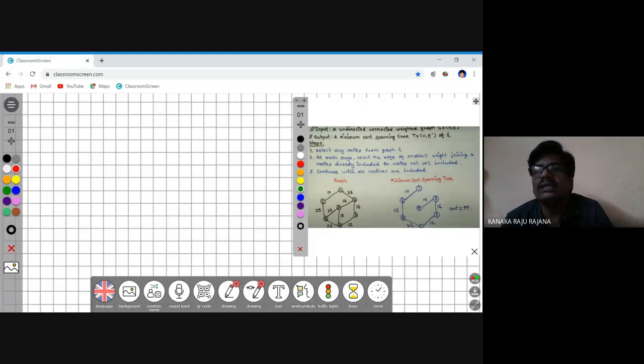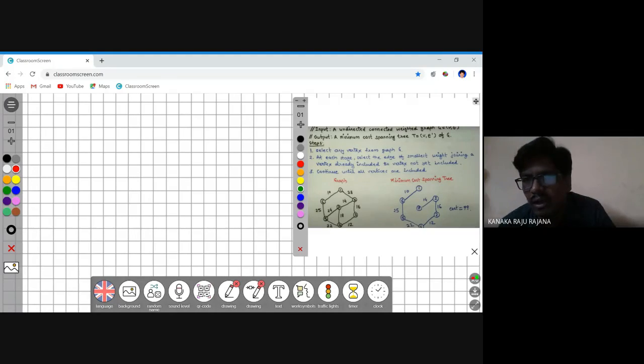Observe this algorithm and please make a note that we are supposed to consider two basic parameters first. One is called input, the other is called output. The input should be an undirected connected weighted graph. Means there should be some weight and it should be connected. It should be undirected, means you are not supposed to put any kind of arrows in this.